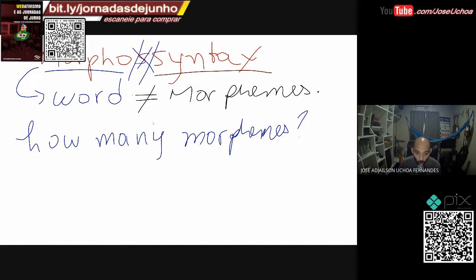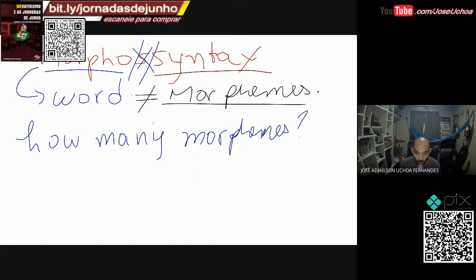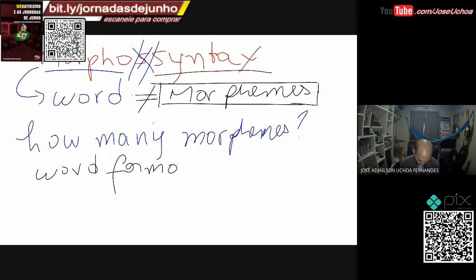So, which is the most basic unit, the word or the morpheme? The morpheme. The morpheme is more basic, okay? And that's why in the science that studies the process of word formation, and for sure we are going to deal with word formation, this is one of the interests of morphology.